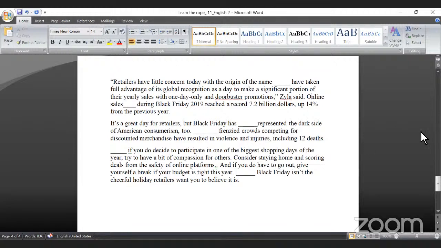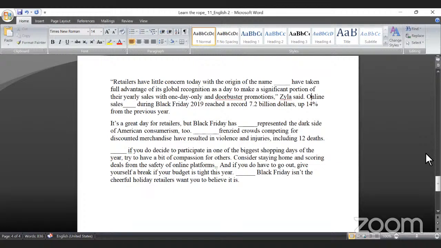You can use moreover, or you can use other prepositional phrases, anything which gives meaning to that sentence is fine there. In the original article, it says over the years. Okay, over the years, frenzied crowds competing for discounted merchandise have resulted in violence and injuries.